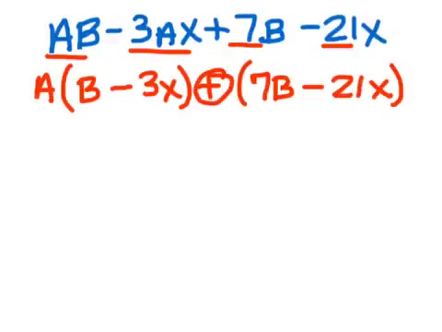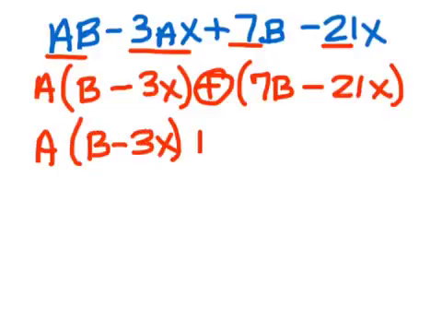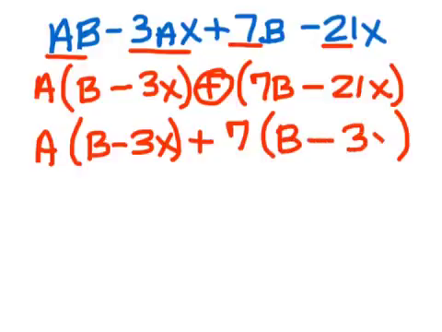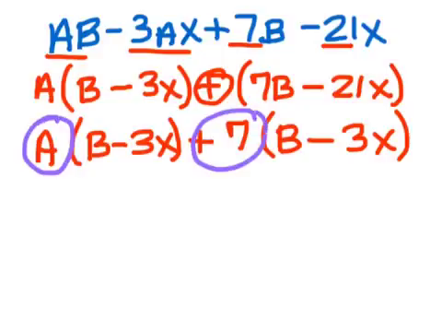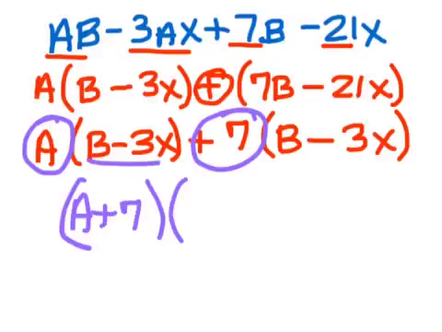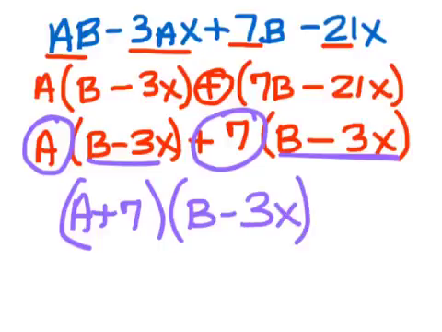Since this is a plus sign, you don't change the sign on the inside. Recopy the front, and now factor on the back. You can take out a 7 and only a 7 from the back and be left with b minus 3x. For your final answer, you're going to need a plus 7 in the first quantity, and then for the second one you need b minus 3x.